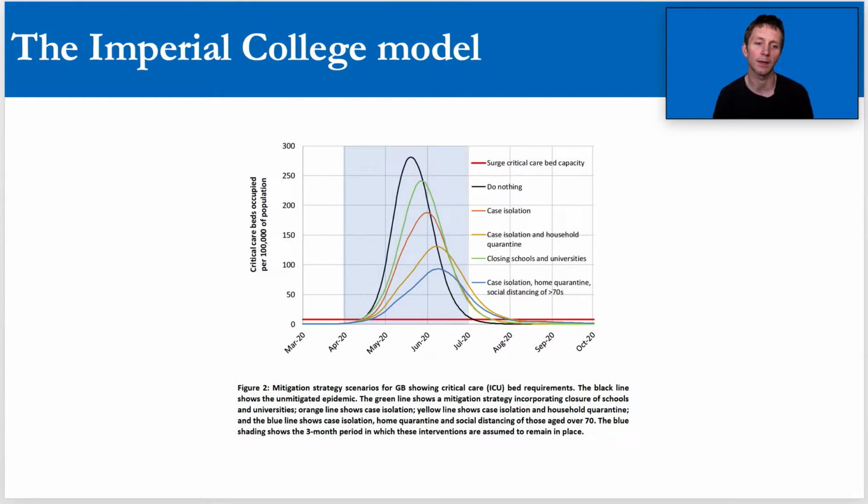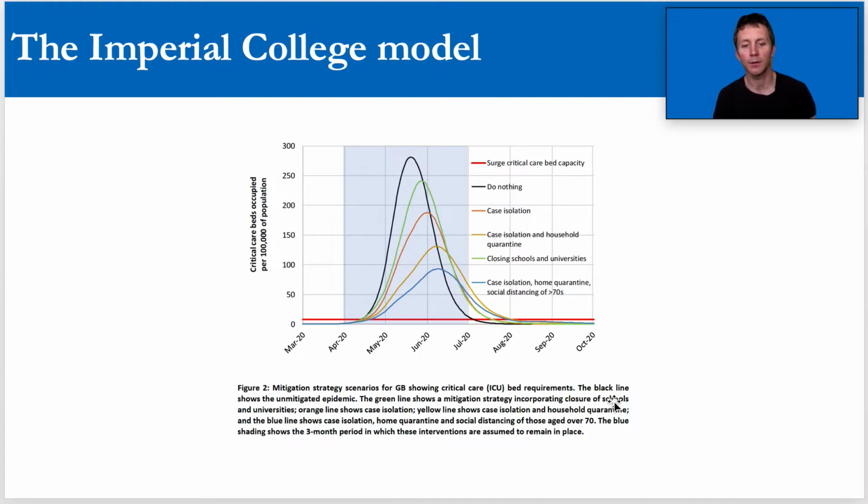They were thinking not so much about quarantine and lockdown and social distancing, but just about things like case isolation and household quarantine. So don't go out if you're infected, don't go out if somebody that you live with is infected. And here is the simulation of how many critical care beds will be occupied per 100,000 of the population.